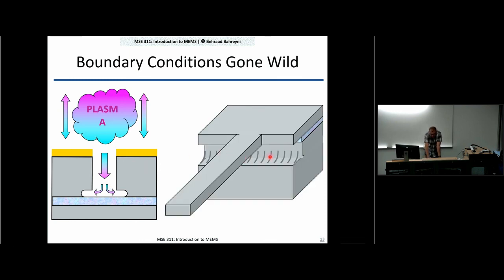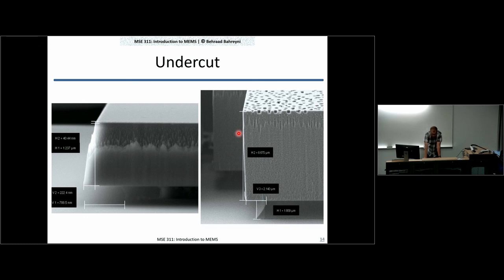Another issue is that, once you release the structure, you will have a little bit of undercut underneath the edges of your features, your masks. And if this beam is bending in and out of plane, well, it's going to bend a little bit at this anchor point itself as well. So this is not a fixed boundary as you assumed anymore. It is bending with your beam. And these are examples of those situations.